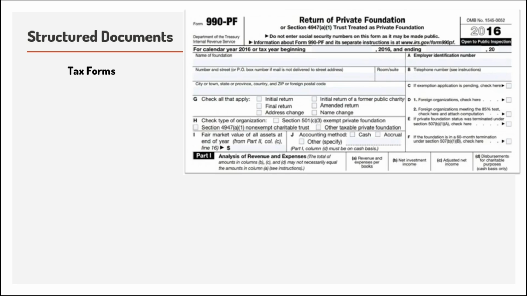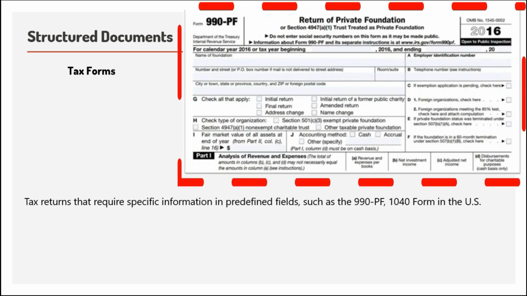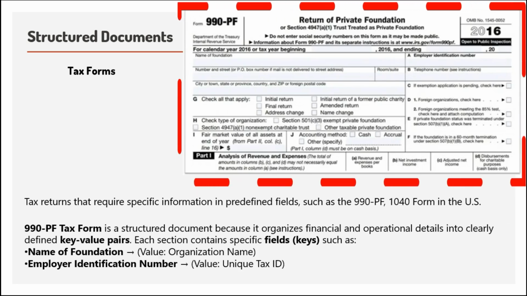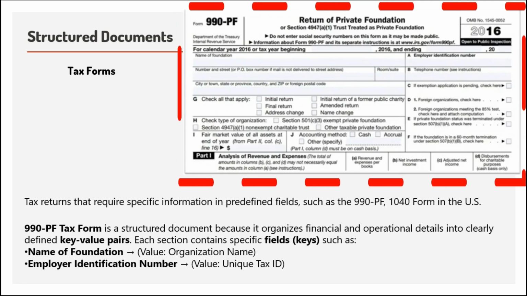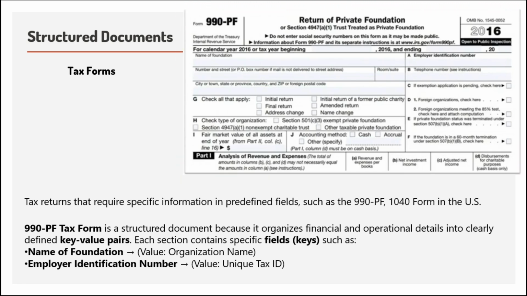So you can see here, this is a tax form, and these tax returns require specific information in predefined fields, such as 990-PF and 1040 forms in the US. The 990-PF tax form is a structured document because it organizes financial and operational details into clearly defined key value pairs.